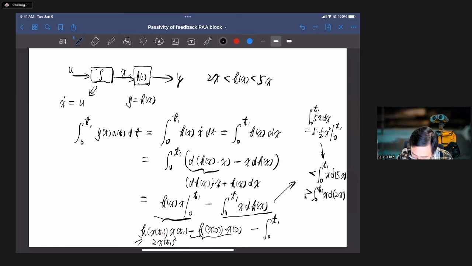And then this term is going to be lower bounded by the extreme that it can go to in the negative direction, which is 5 of x0 squared. So you can see that we can have some lower bound. This is always positive, so we can have some lower bound that will appear to look like this. All right. We don't have enough time. I will put the detailed results in Canvas.